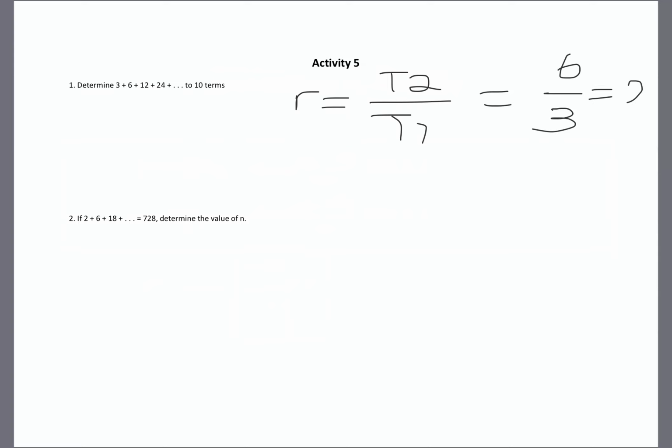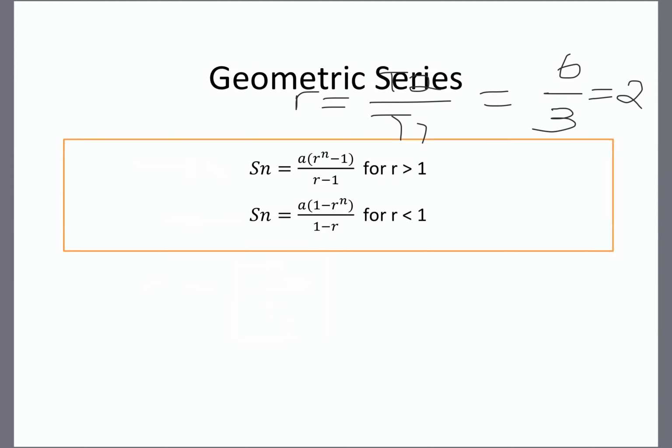So now I start by saying my R is equal to T2 over T1. My T2 here is 6 over 3, which is equal to 2. So since my R here is 2, which equation do you think we're going to use here?